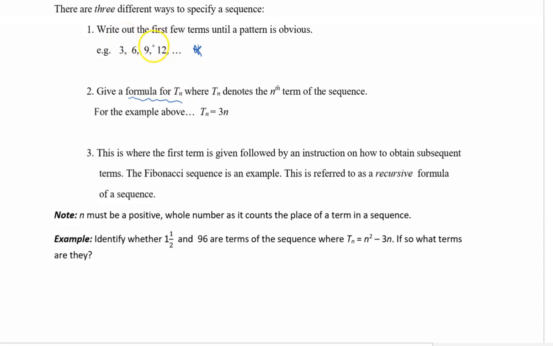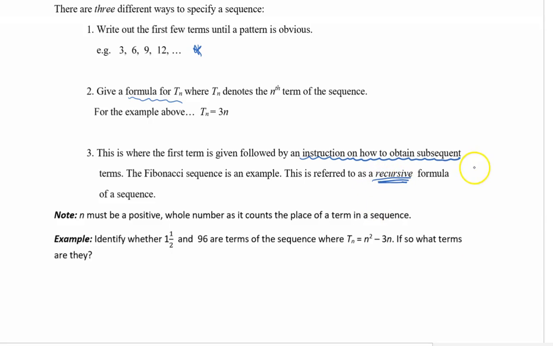So write out the terms or give a formula, or give an instruction on how to obtain subsequent terms. The Fibonacci sequence is a good example of that. And this is referred to as the recursive formula.